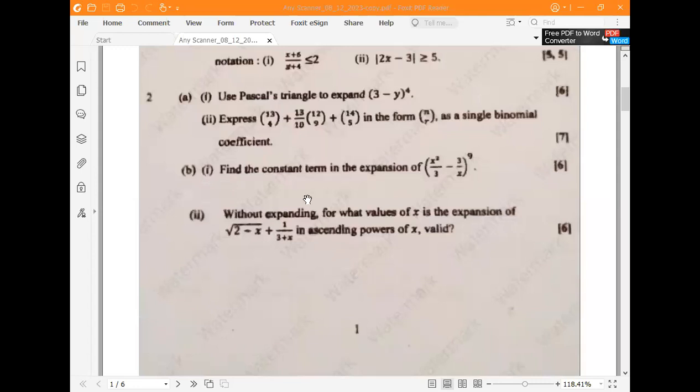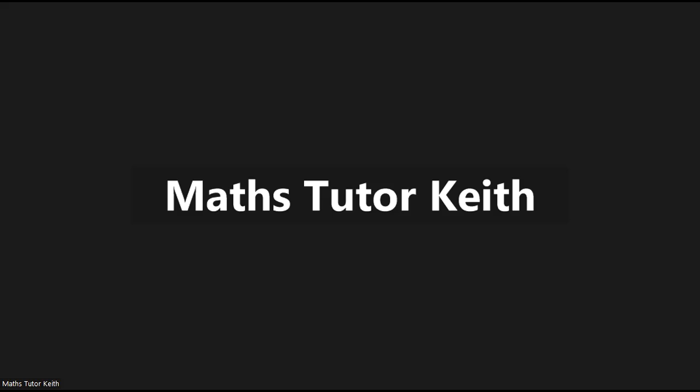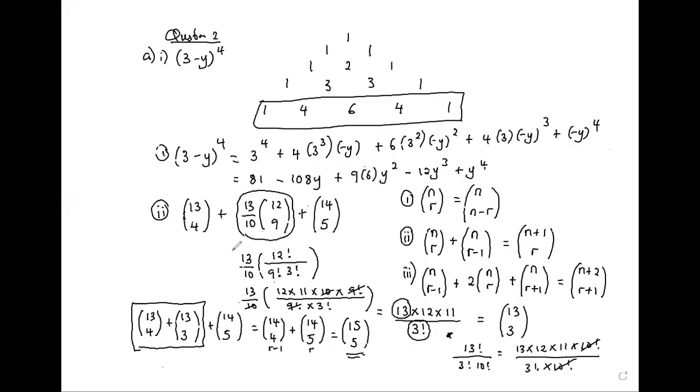Find the constant term in the expansion of (x squared over 3 minus 3 over x) to the power 9. So we want to find the constant term. The constant term is the term independent of x. It's the one that is called the constant term.